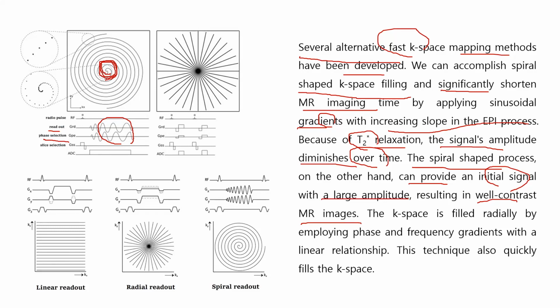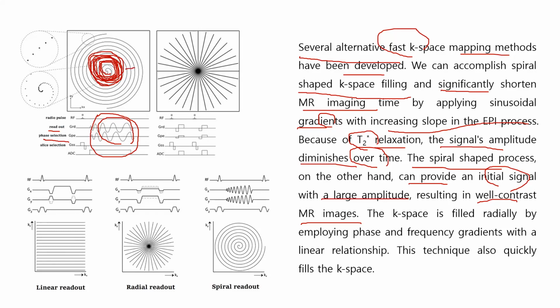So intensity of these MR signals is largest at the center of the k-space. So if we use this spiral type mapping, we can get the MR signals first from the center of the k-space.